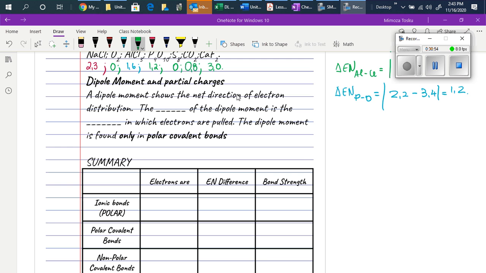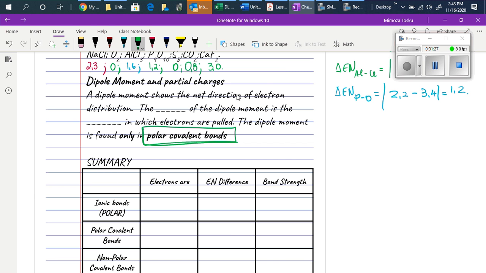This is shown by the dipole moment, which is the net direction of the electron distribution. The direction of the dipole moment is the same as the direction in which the electrons are pulled. The dipole moment, keep in mind, is found only in polar covalent bonds.